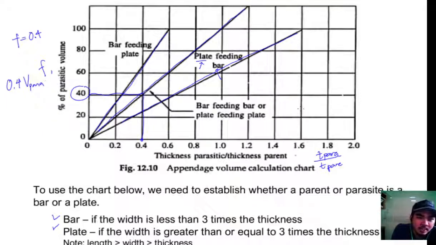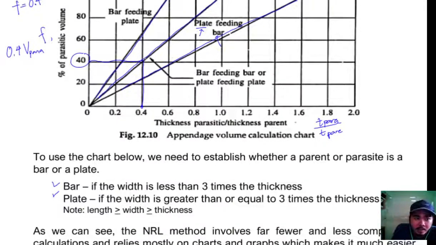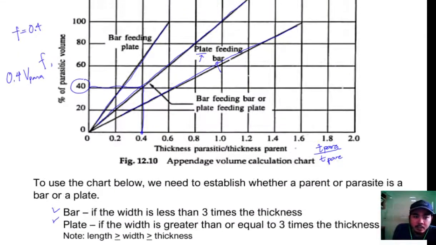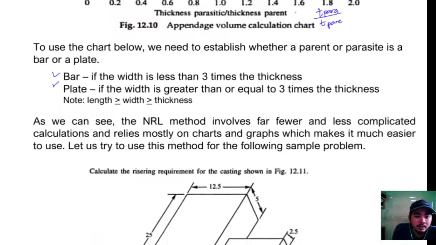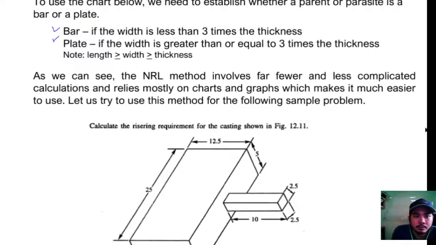So if you have multiple parasitics, then you need to assess yung mga thickness ratio for each of those parasitics, tapos hanapin nyo yung bawat F value ng mga parasitics na yun. Okay? So kaya dito lang medyo tatagal yung NRL method, no? Lalo na pag marami yung mga appendages natin. So maghahanap tayo ng percent F values. Okay? So let's try this example, no? Okay.